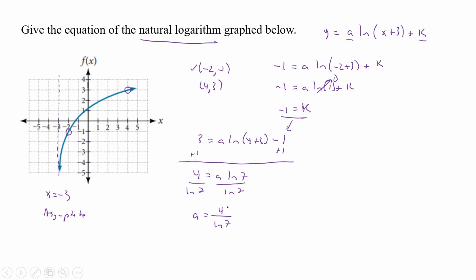Now, we could leave it like that and just plug in our values and say, okay, well, now we have, going with our function up here, maybe we should call it f of x equals 4 over ln of 7, and then times ln of x plus 3, minus 1, and we could leave it at that. Now, if we needed to figure out an actual value, we could find that too.